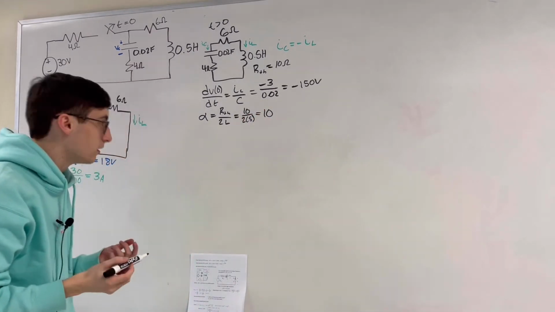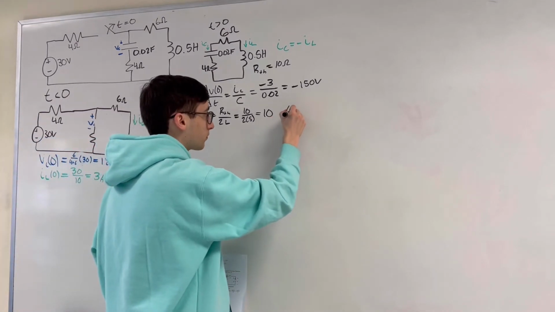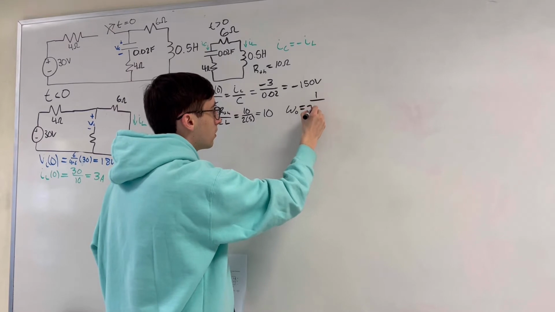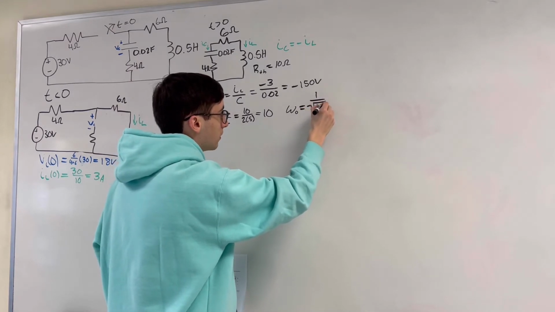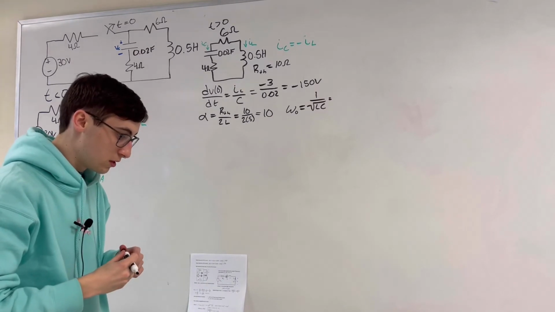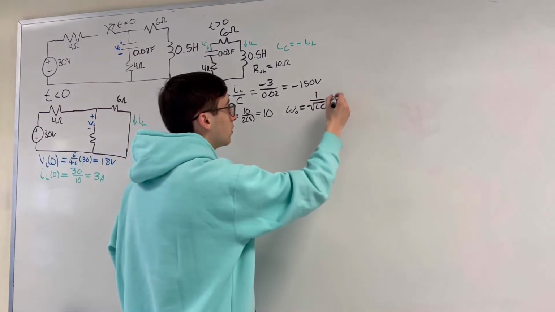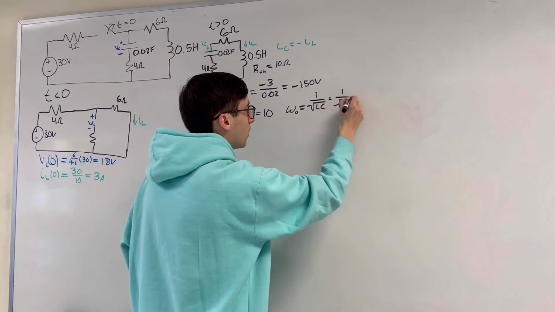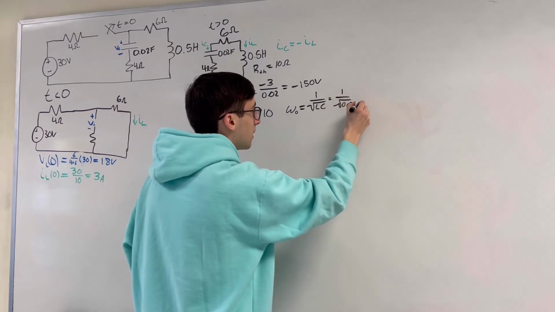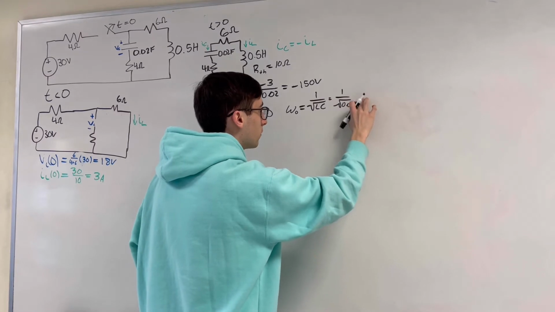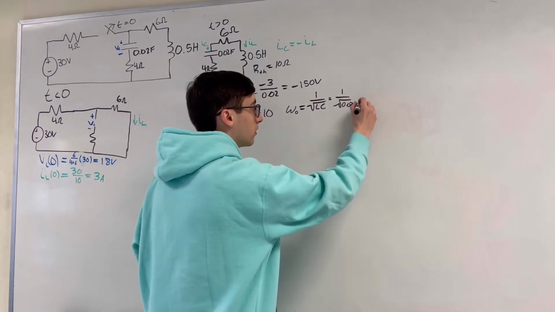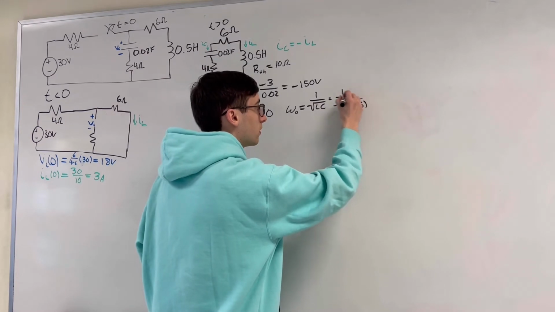The next thing we want to find is omega 0. Omega 0 is equal to 1 over radical LC. So that is equal to 1 over radical 0.02 times 0.5.